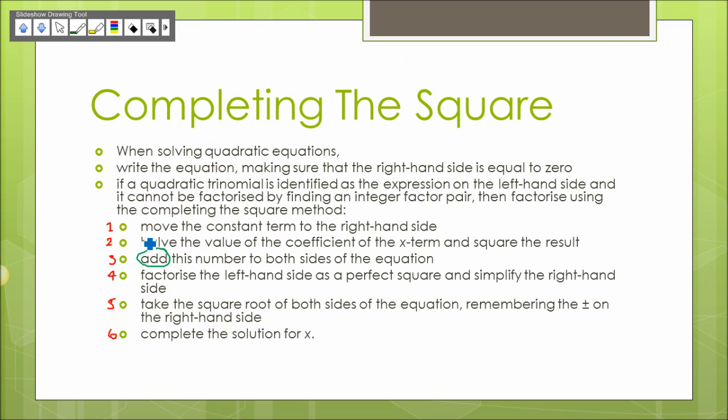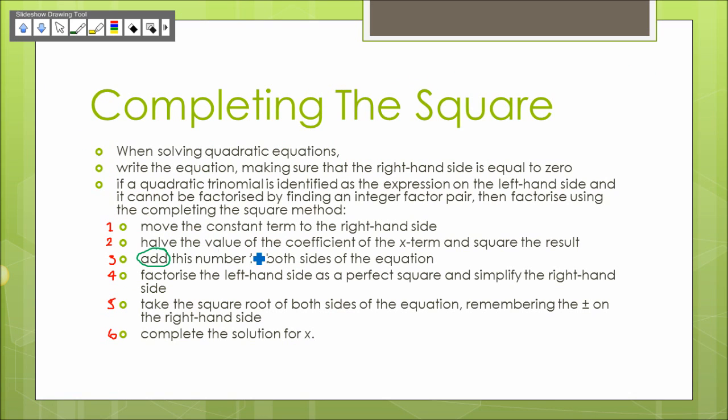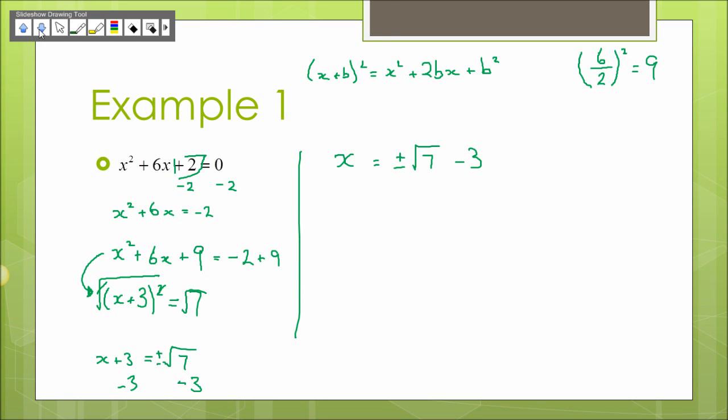Right, now we can start solving it using those steps. Going back, step number 1, move the constant term to the right hand side. Okay, let's plus 3, plus 3. So x squared minus 5x equals 3. Then what did we have to do? Halve the value of the coefficient of the x term and square the result. Right, so halve the value of the x term, so this guy here, halve the value of this guy and square it.